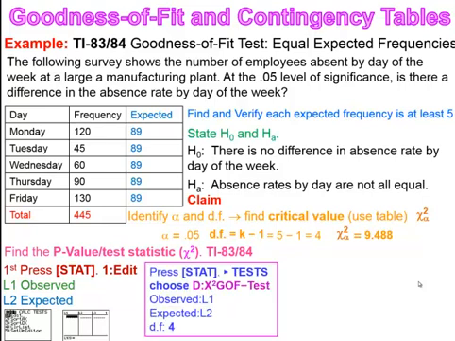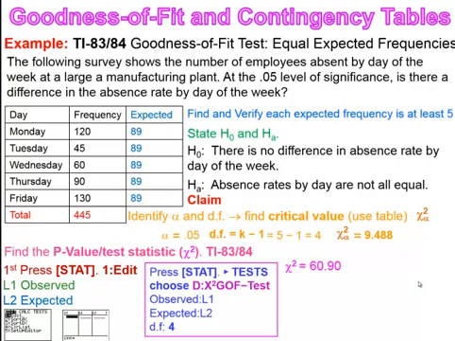Go to Stat, arrow over to Test, and choose the chi-square goodness of fit test. Observed should have list 1 in it, expected should have list 2, and enter the degree of freedom, which in this case is 4. Hit enter and you'll find your test statistic.